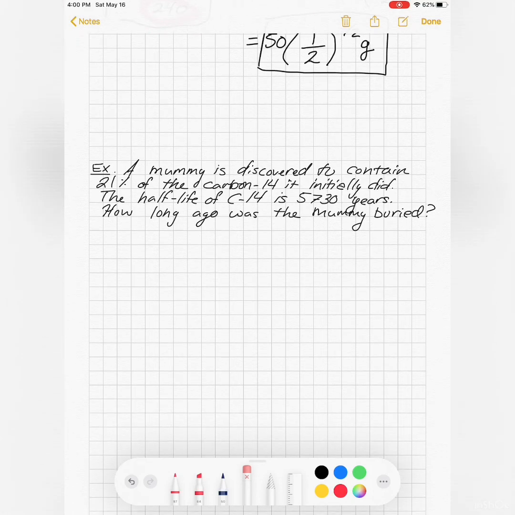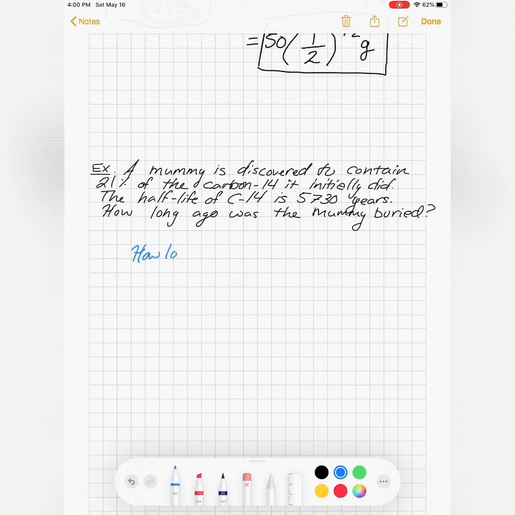A mummy is discovered to contain 21% of the carbon-14 it initially did. The half-life of carbon-14 is 5,730 years. How long ago was the mummy buried? So I could actually rephrase this question.